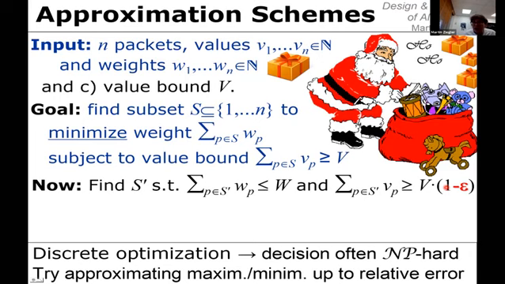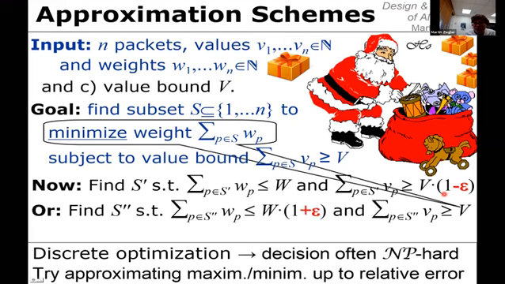So for a maximization problem, the quality is measured by this factor, which is slightly less than 1, okay? Less than 1 approximation factor for maximization problems.